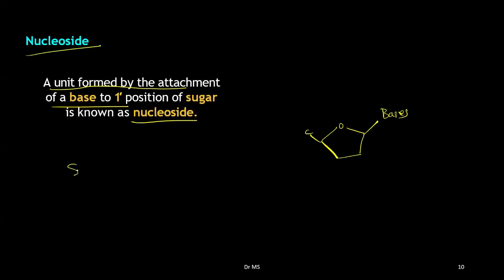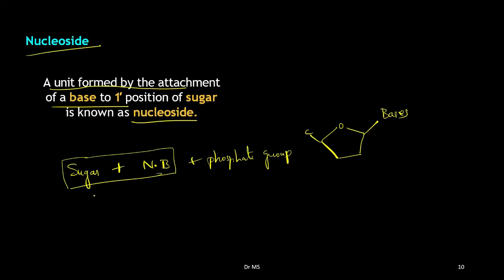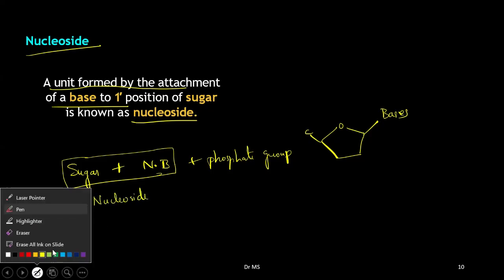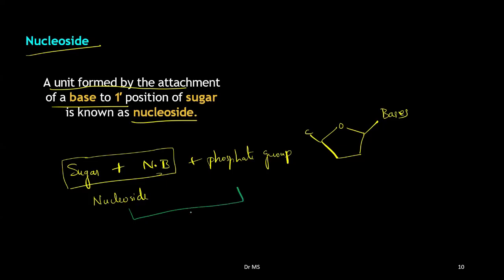So nucleoside is nothing but the sugar plus the nitrogen base. And for this, if you add the phosphate group, then it becomes a nucleotide. So sugar plus nitrogen base, we call it the nucleoside. And this nucleoside with the phosphate group, we call it the nucleotide.